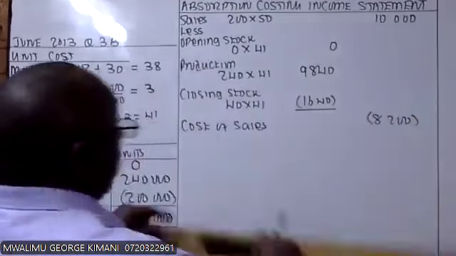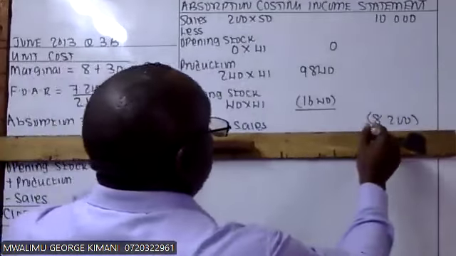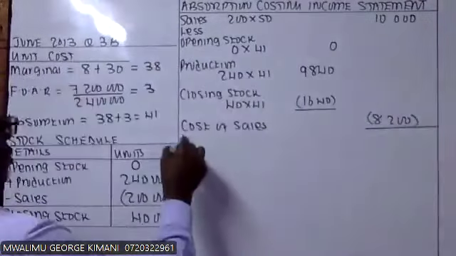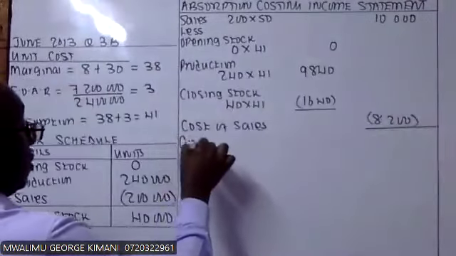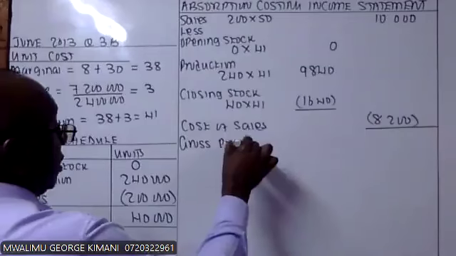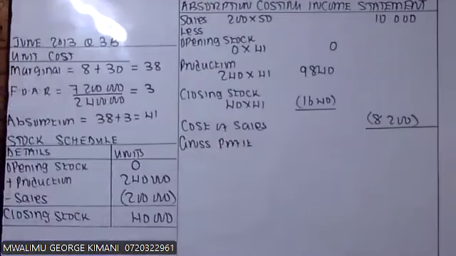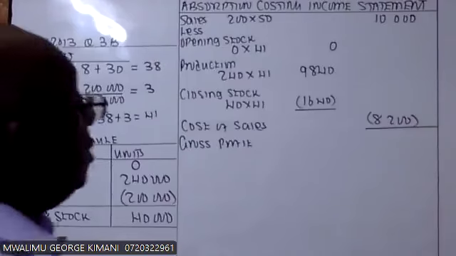So this is now when we get the gross profit, which is 1,800.